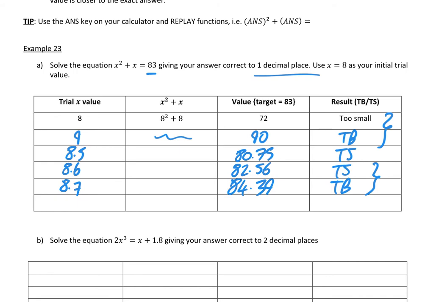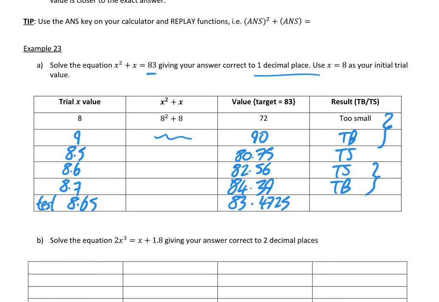So I need to first of all test, and I'm going to test halfway between these 2 values. So halfway between these 2 values would be 8.65. So if I test that, on my calculator I'm doing 8.65 squared plus 8.65, and that gives me 83.4725.